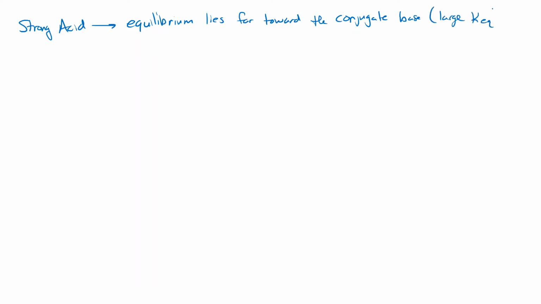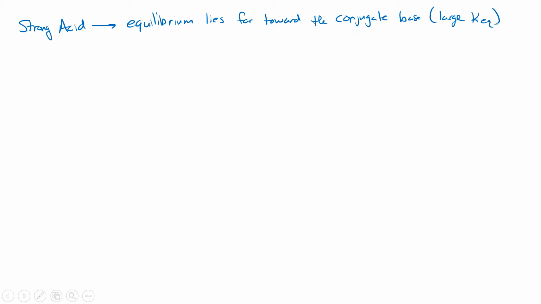A strong acid is when the equilibrium of the acid-base reaction lies very far toward the conjugate base. Right? And remember that the conjugate base is on the product side. Right? So you're looking for things like a large KEQ.